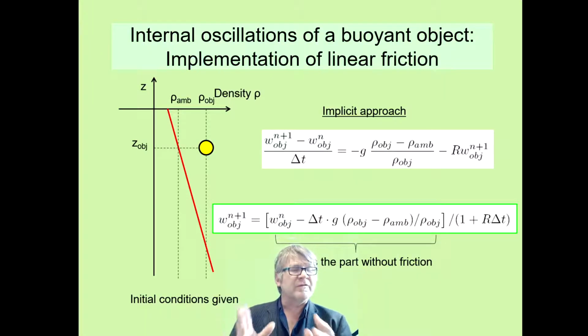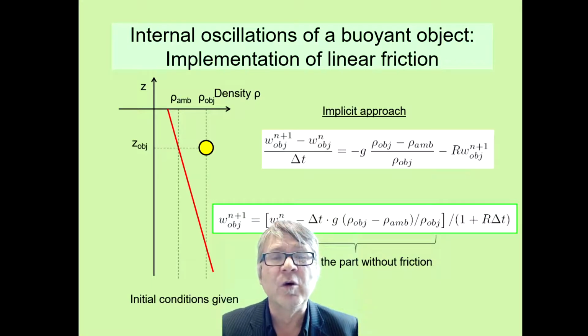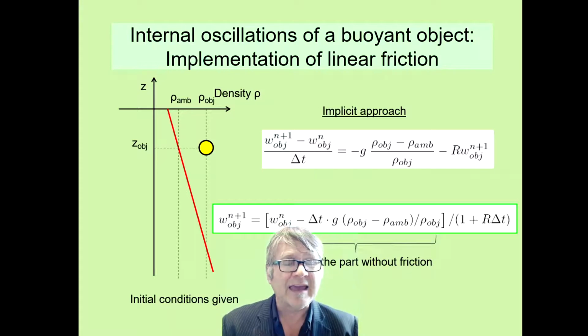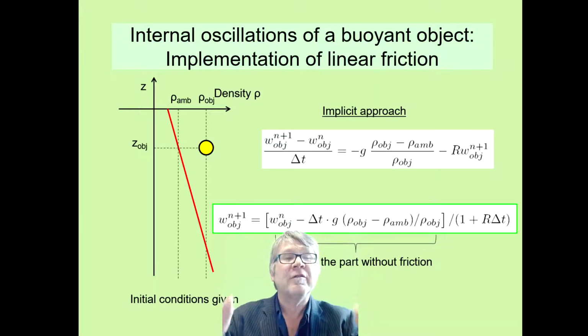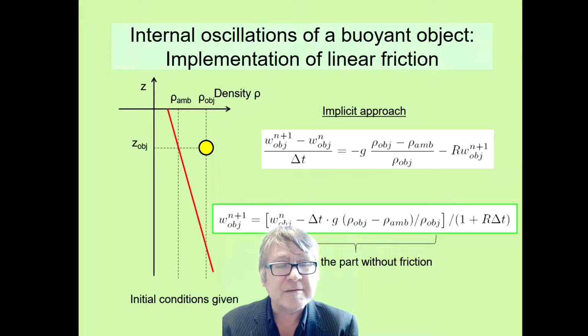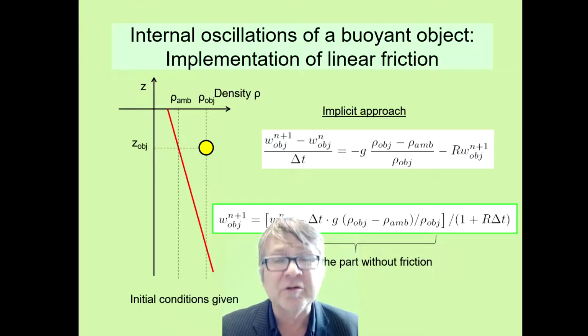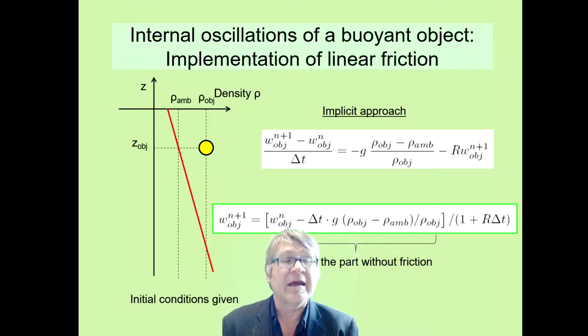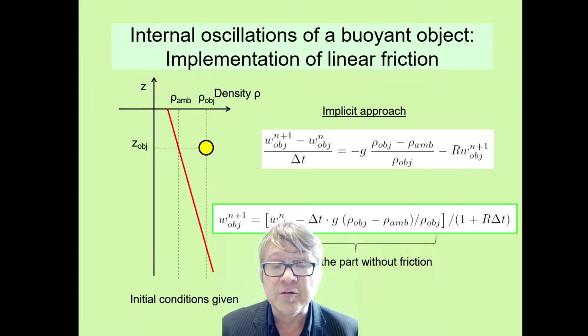You have to be a little bit careful. This is not fully correct because in Fortran you only have simple brackets, not these higher order brackets. Have a look at the sample code that I will give to you.